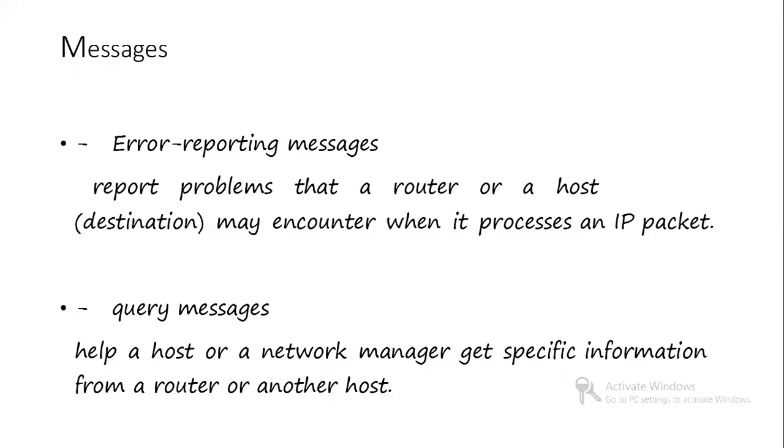For example, nodes can discover their neighbors. Also, hosts can discover and learn about routers on their network, and routers can help a node redirect its messages. An ICMP message has an 8-byte header and a variable size data section. Although the general format of the header is different for each message type, the first 4 bytes are common.